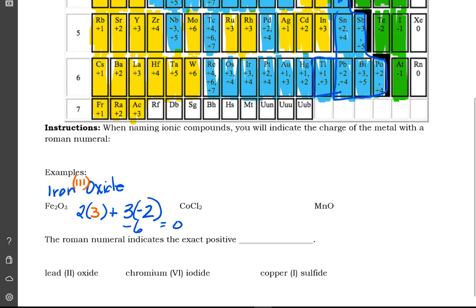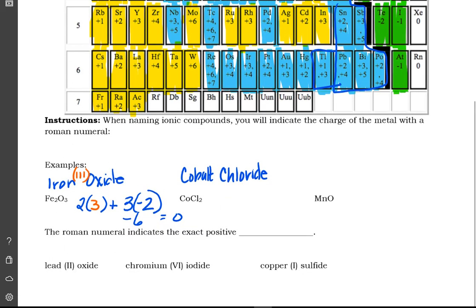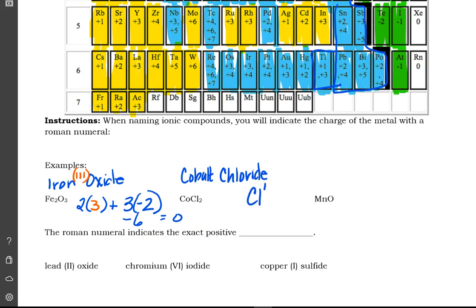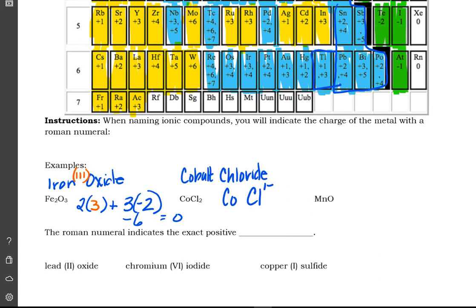The next guy, we have cobalt and chloride. Chloride, we can look up here. He's one of our green ones. He has a -1 charge. Cobalt can either be a 2 or a 3. So once again, I'm going to do my little algebra problem.